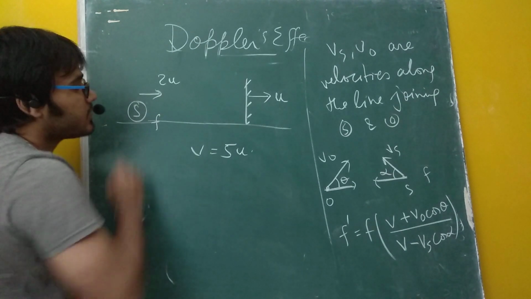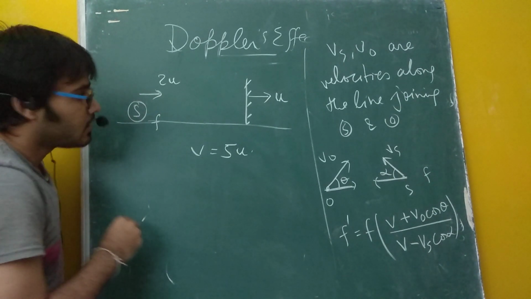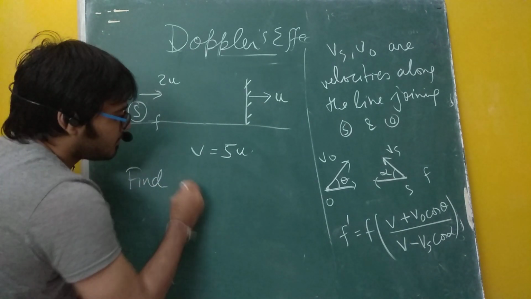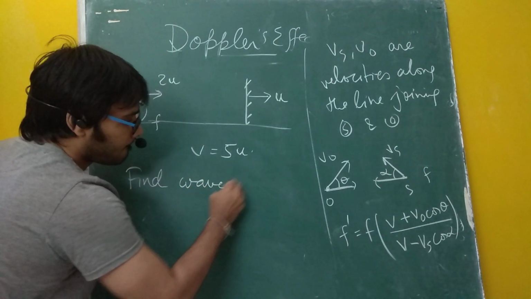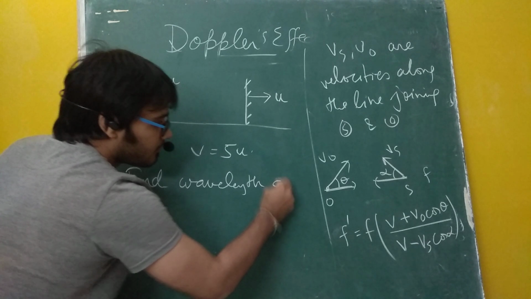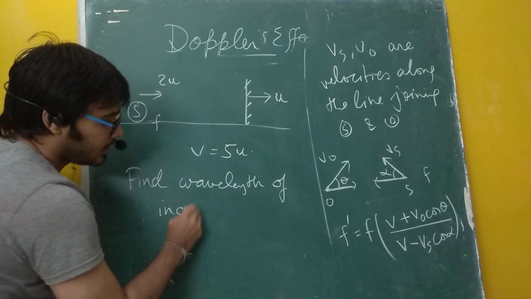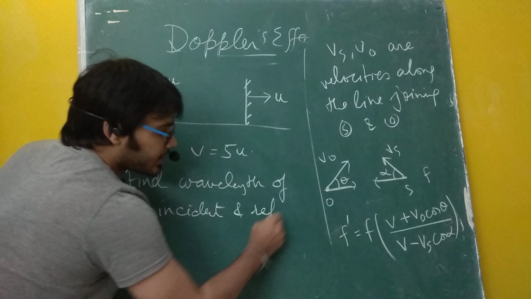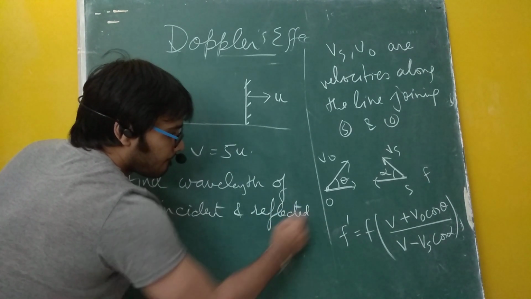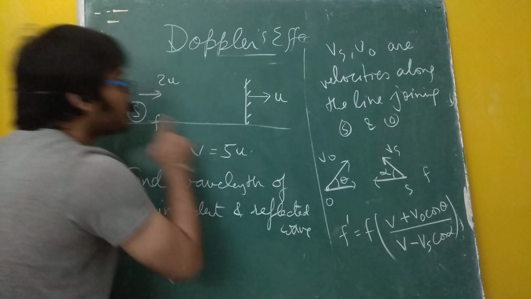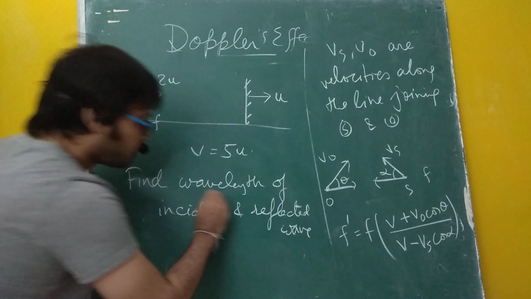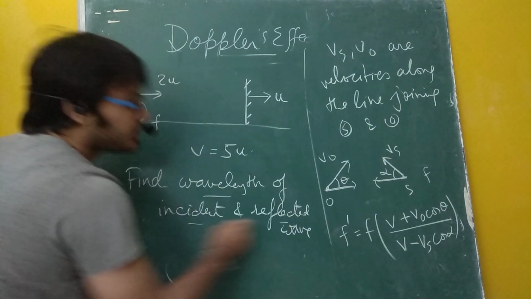This source emits frequency F. So question is find wavelength of incident and reflected wave. So there will be one wave which will be incident, the other wave which will be reflected. We have to find what will be the wavelength of incident and reflected.